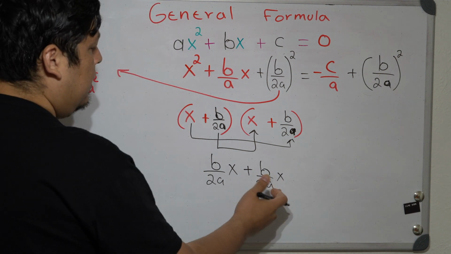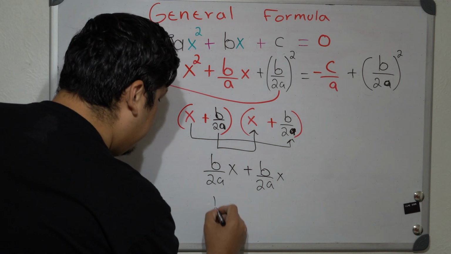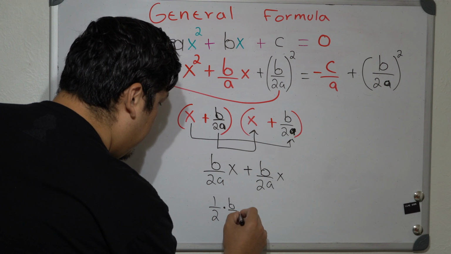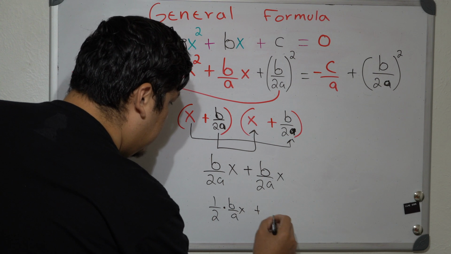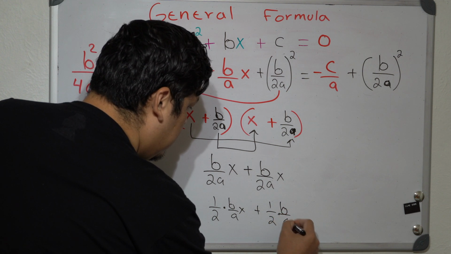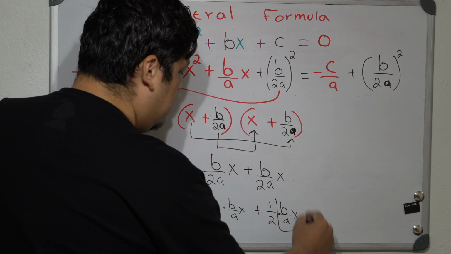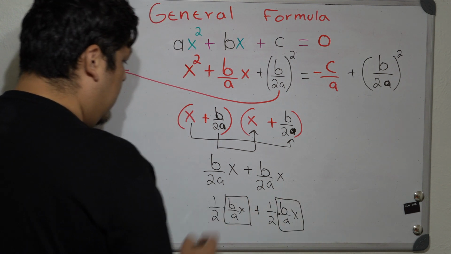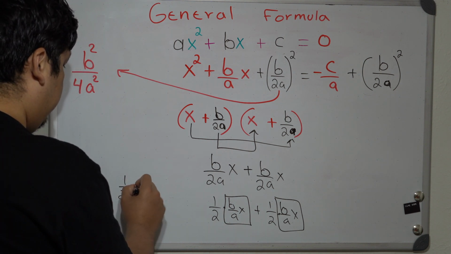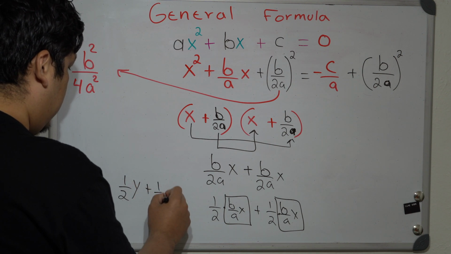So I have a plus b over 2a x. I can see that these are like terms, and it's more or less as if I have 1/2 times b over a x plus 1/2 times b over a x. These are like terms. It's almost like saying, for visual representation, 1/2 y plus 1/2 y.